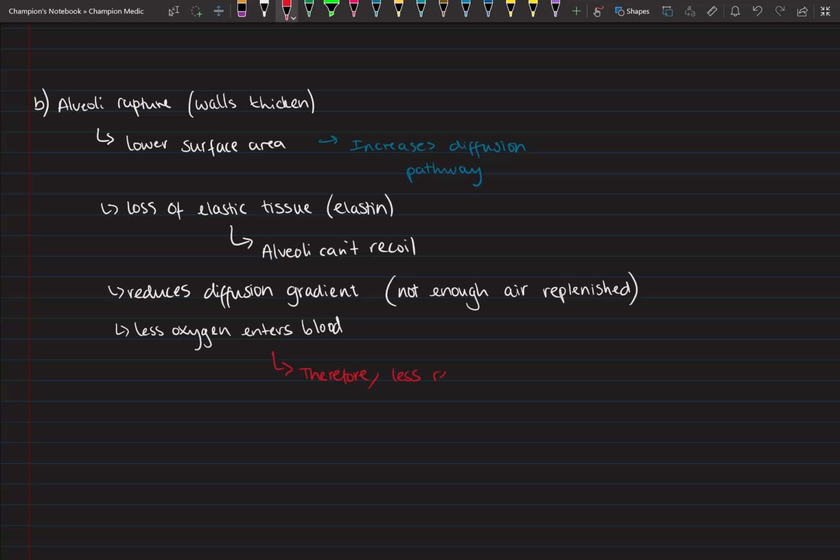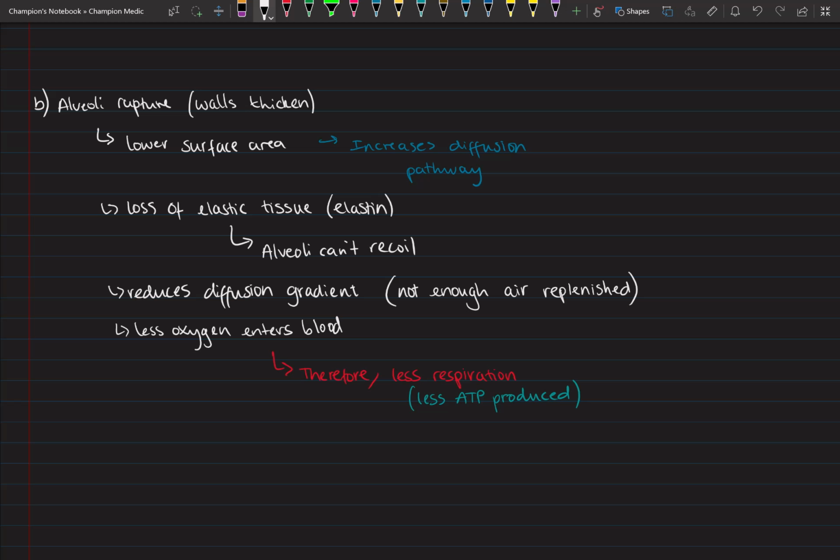So if you have less respiration, that means less ATP energy is being produced, and that links directly back to the question of why people with diseases such as emphysema feel weak and tired. That's the key link back to the whole thing.